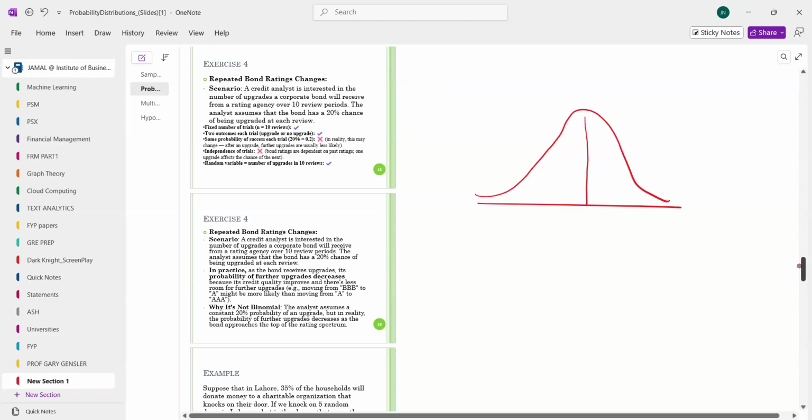By the way, how do I know that this point is the mean? The highest point on the curve is referring to your mean.